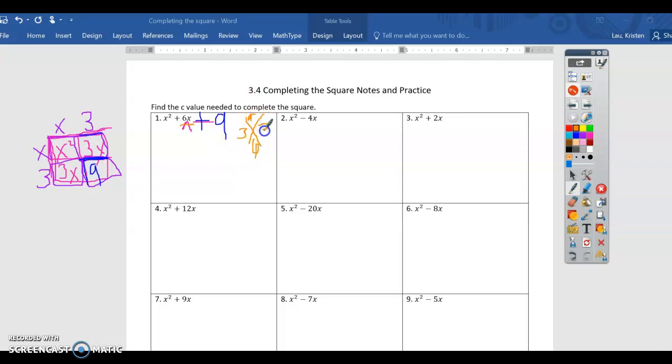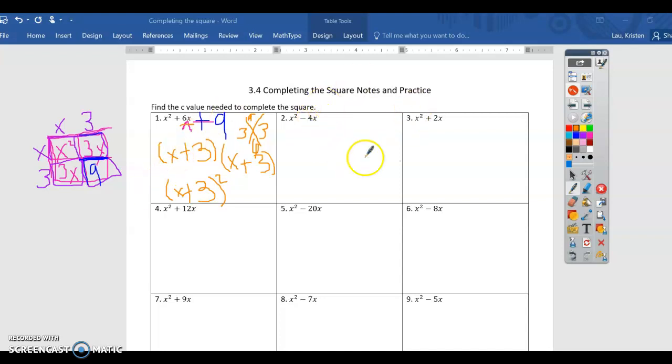Hopefully you said 3 and 3. Okay? So x plus 3 times x plus 3. Okay? So another way you could write this is x plus 3 squared, because I have 2 of them.